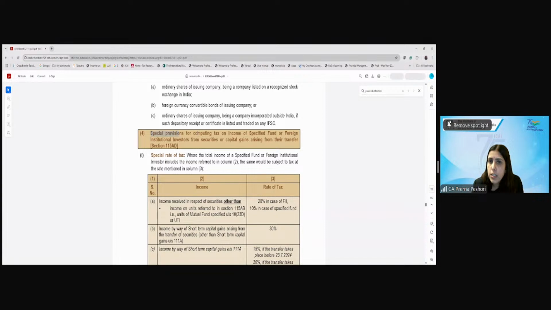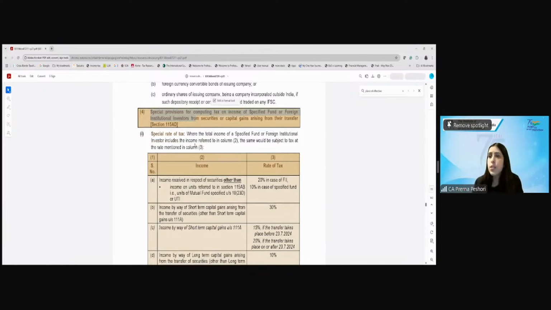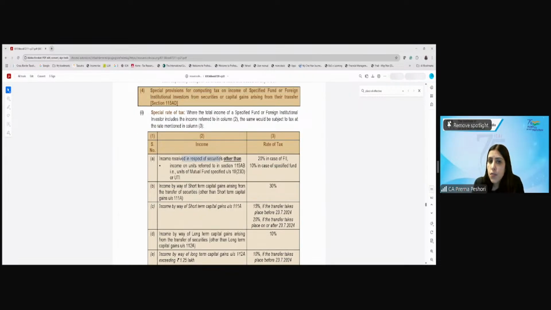Now next are the special provisions for the foreign institutional investors. So if a person is a foreign institutional investor investing in the stock market, a portfolio investor wanting to trade in the stock market, then income in respect of securities other than mutual funds is taxable at 20%. Short-term capital gain from the transfer of listed securities is taxable at 30%.